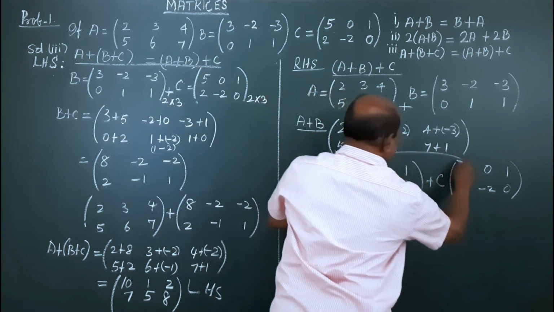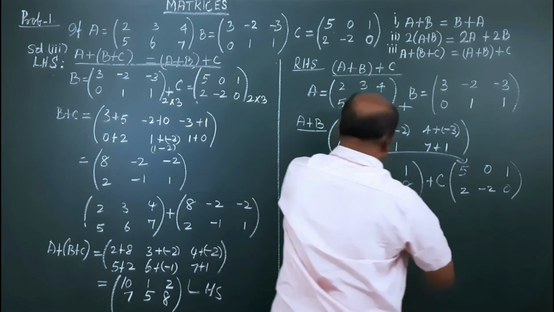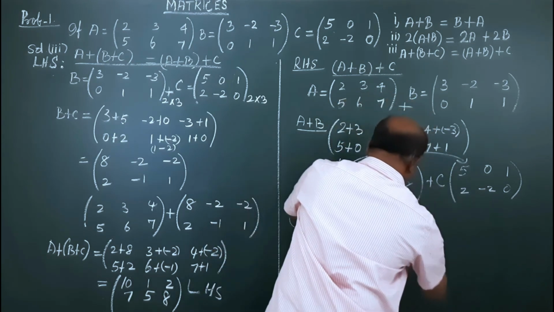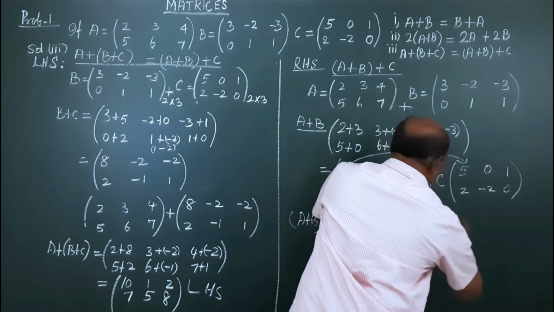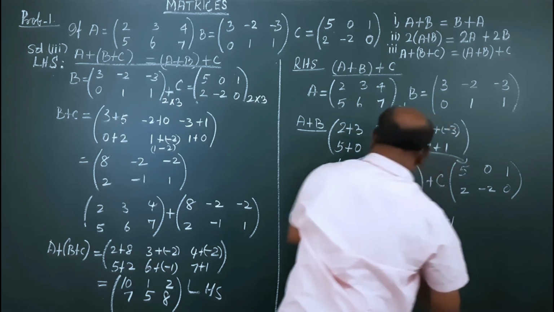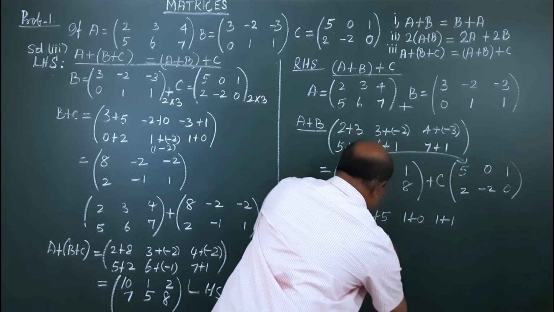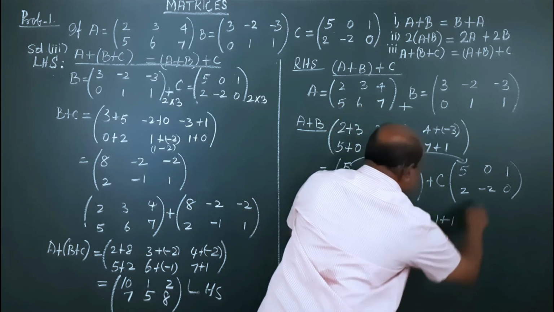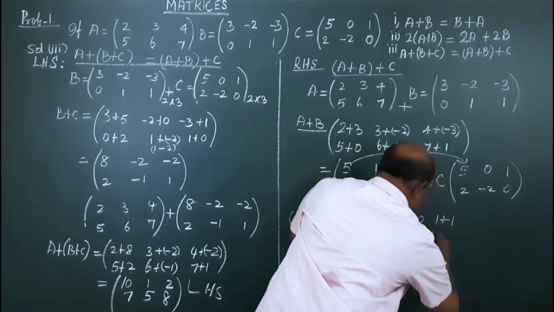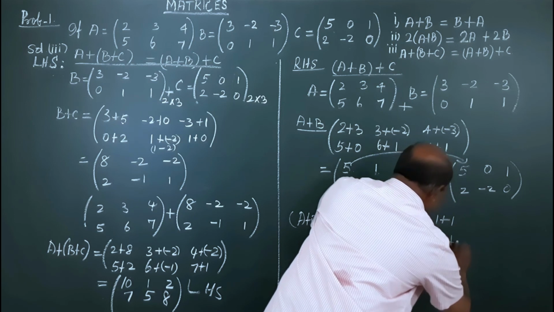This is added with here. 5 plus 5, 1 plus 0, 1 plus 1, here 5 plus 2, 7 plus minus 2, 8 plus 0.